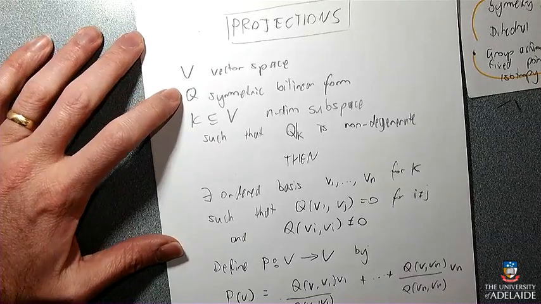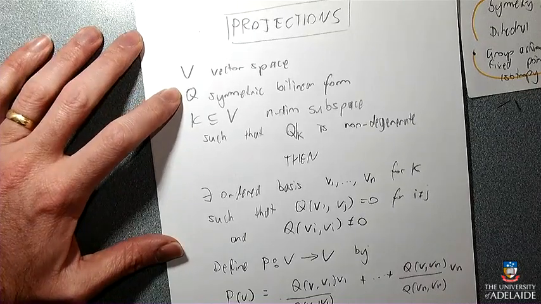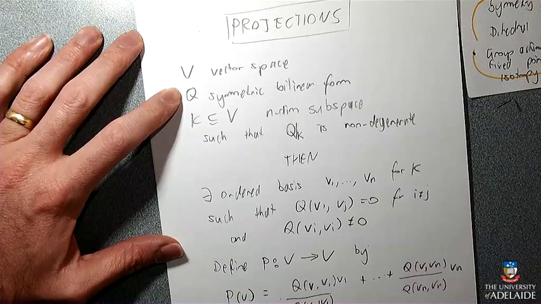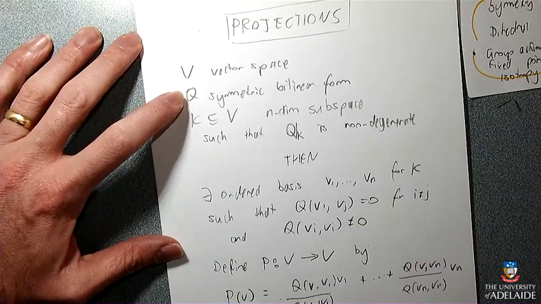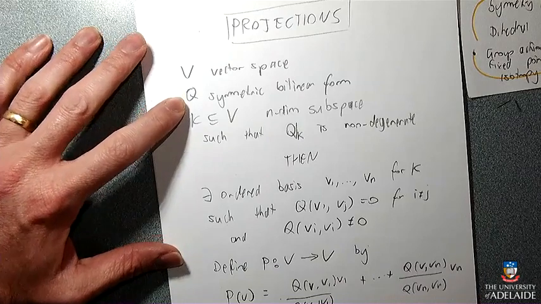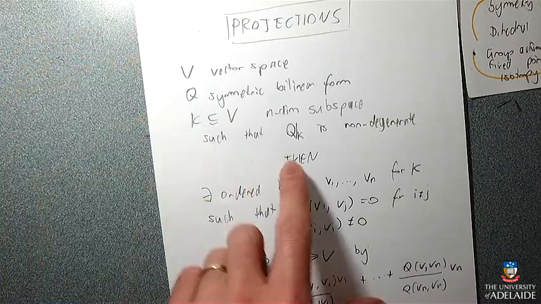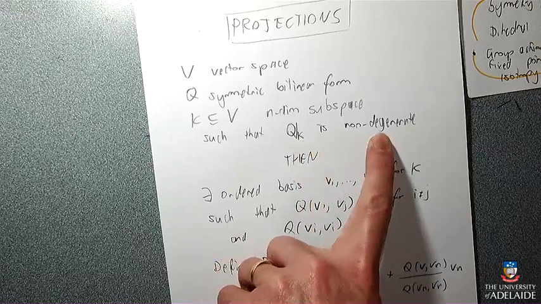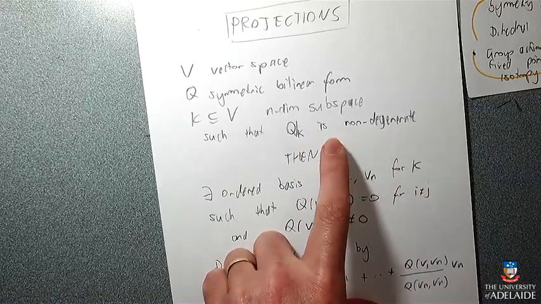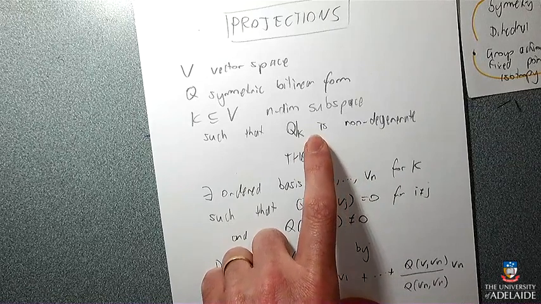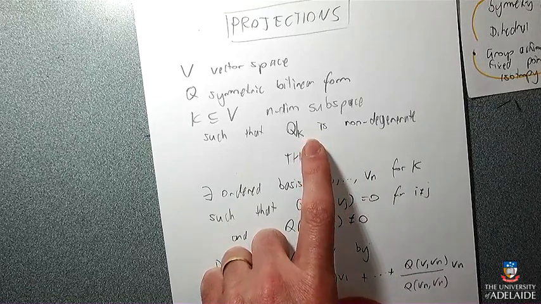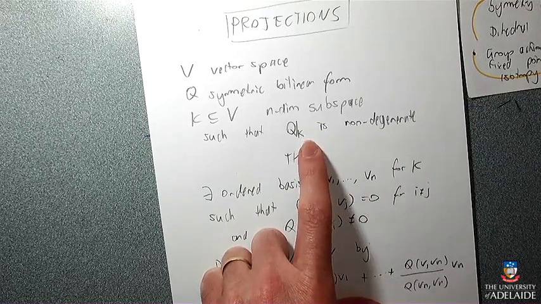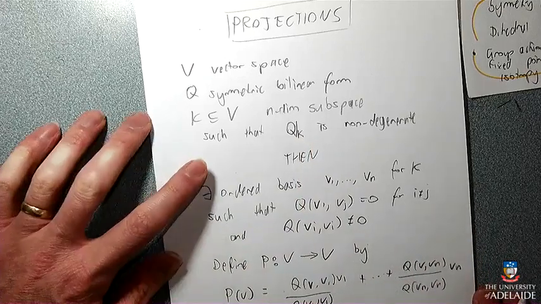So it behaves the way that dot products behave as a function. Okay, cool. And then you have a subspace such that Q, does this mean restricted to K, is non-degenerate. So what does it mean to be degenerate? It's turned itself off. What does it mean to be degenerate?